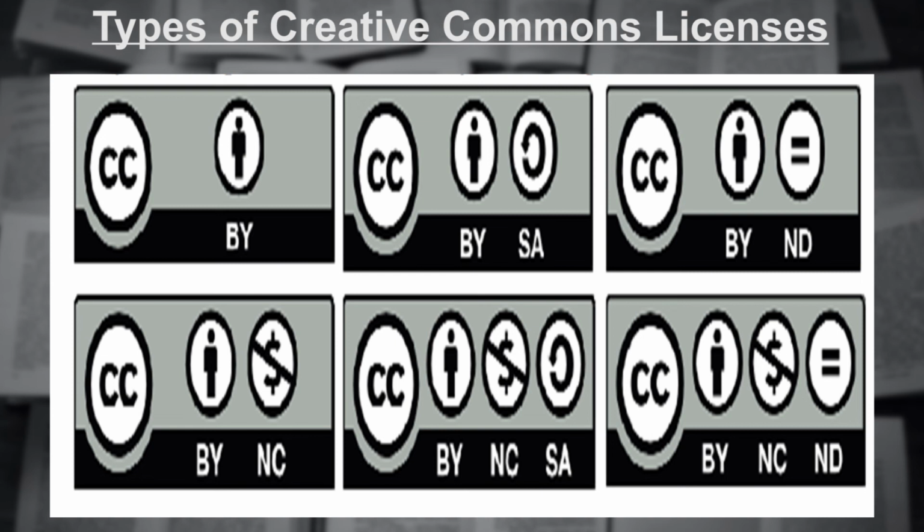The first one that you are seeing is CC BY. This is one open license. If you see any material, for example an electronic text, having this license CC BY attached to it, then it means that you can consider it as an OER. You don't have to take permission from the creator. You can use that OER in your teaching learning process.